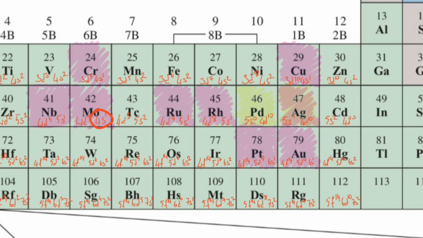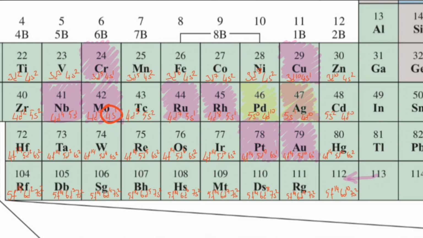And the good thing is that we don't have to worry about the last row. So in the last row, our job is very easy. We don't have to memorize any configuration. The first thing we have to look at is that in the last row, all of them finish with S2.